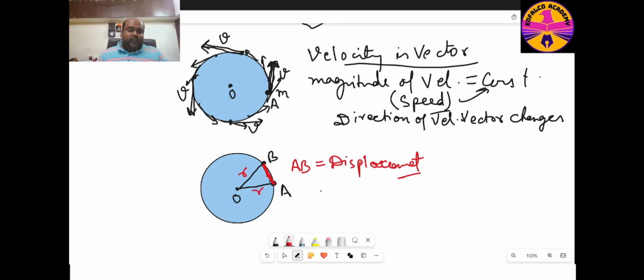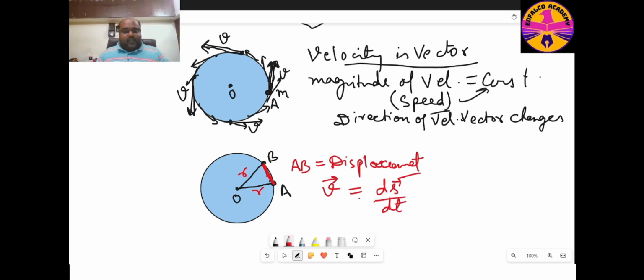And what is the definition of velocity? Velocity, or the velocity vector, is nothing but the rate of change of displacement. So that means ds vector by dt. Sorry, dt is not a vector, dt is a scalar quantity. So it is ds vector by dt. The velocity vector is defined as the rate of change of displacement.